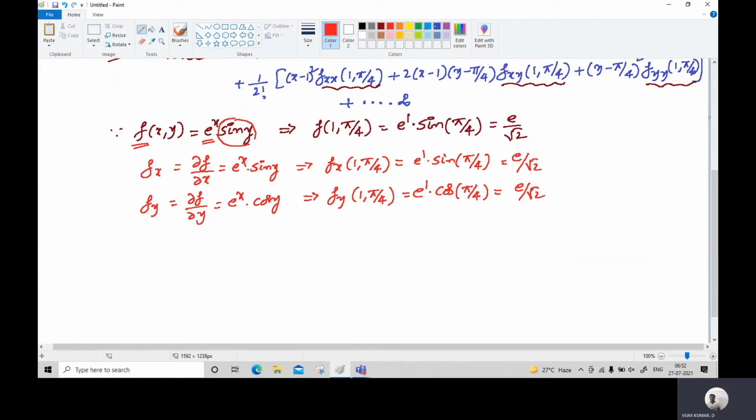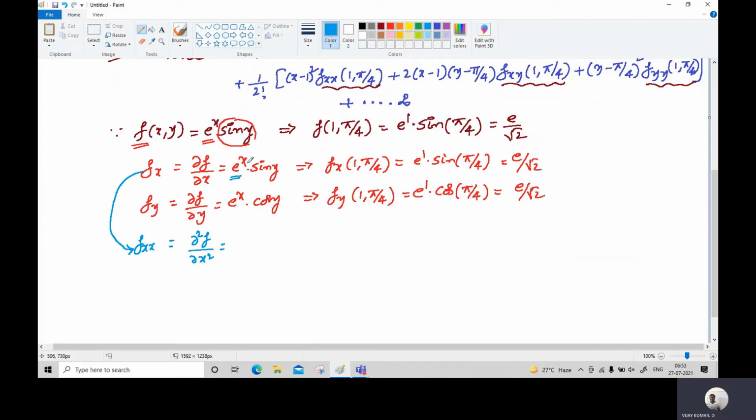Next we have to find f_xx. f_xx means dou square f by dou x square. These are all the standard notations. So already we have the first order partial differentiation with respect to x, which is dou f by dou x. Again we take another partial derivative of this term with respect to x.